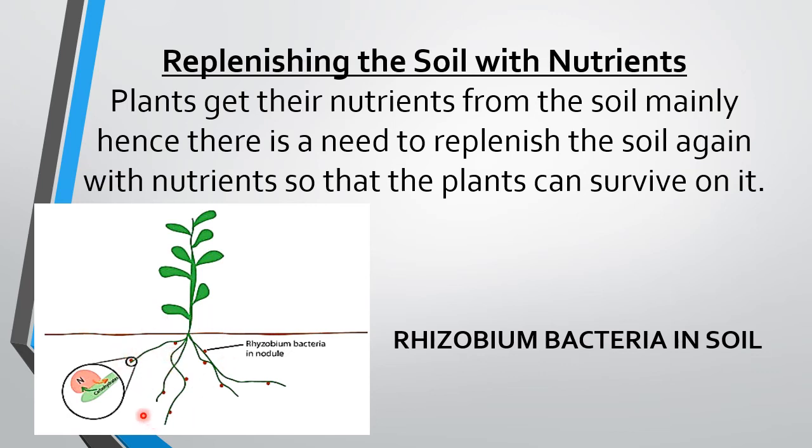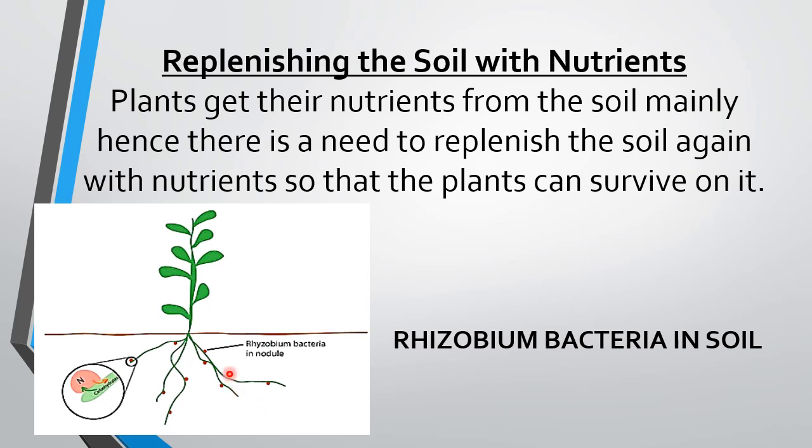Plants require a lot of nitrogen to grow, minerals, and to be healthy also. Lots of nitrogen is available in the atmosphere, but plants cannot absorb it in gaseous form. So it needs to be converted. One such helpful relationship is with a bacterium called rhizobium.